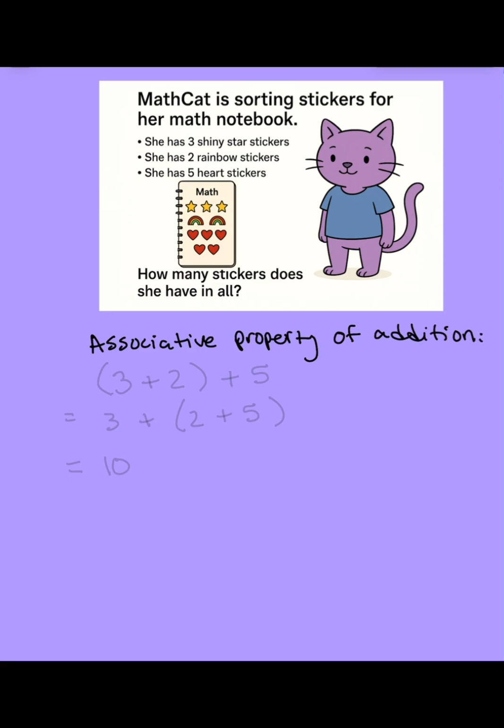To find all of the stickers, you have 3 stars plus 2 rainbows. You can add those 2 together first, and then you have 5 hearts. The associative property says this is the same as if you grouped the 2 and the 5 together. Either way you do it, you're still going to get 10. It doesn't matter what order you add the numbers in or how you group them together.